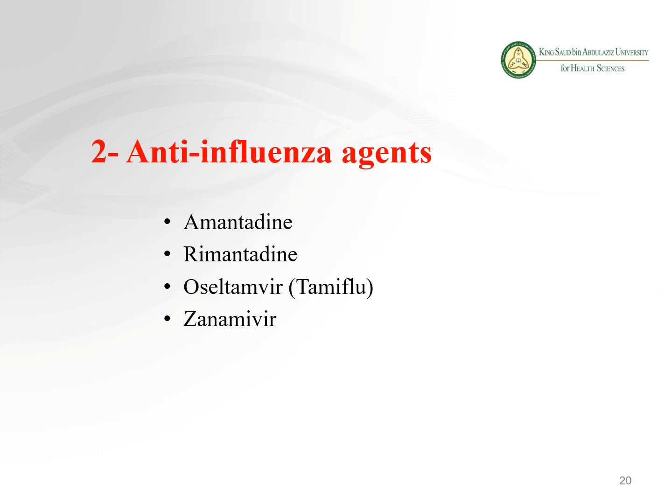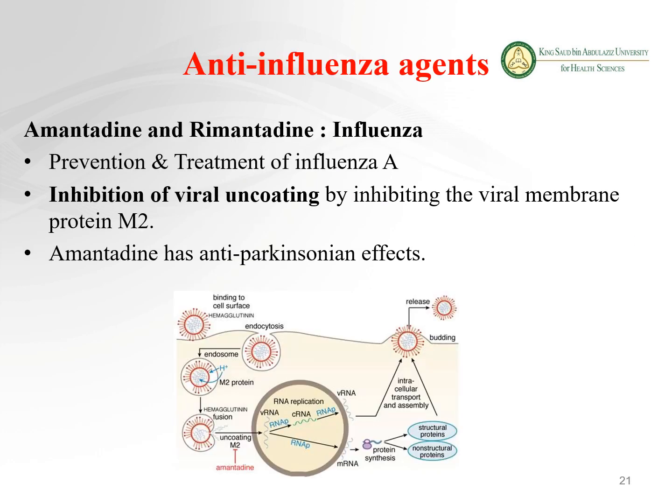Then in the second category, we will discuss the anti-influenza drugs like amantadine, rimantadine, oseltamivir, and zanamivir. So these are anti-influenza. They are effective against the influenza virus. Amantadine and rimantadine are effective against the influenza viruses, and their mechanism is they inhibit the M2 protein, which is responsible for the uncoating of the viruses.